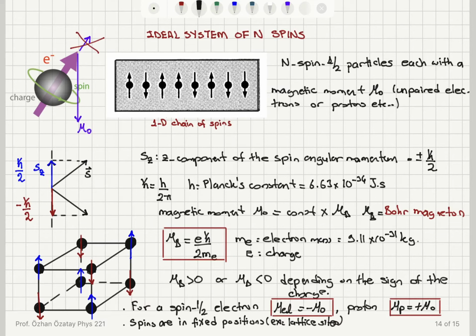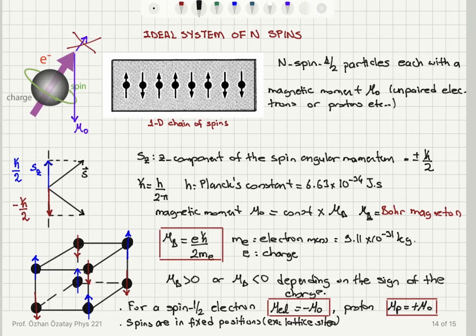Now, what is a spin? For example, if you think about the electron, you can consider this classically as a spherical particle with charge that is moving together with the electron. And this means you have a charge moving on a circular path.